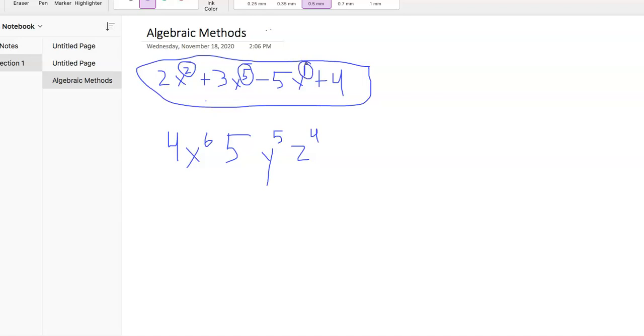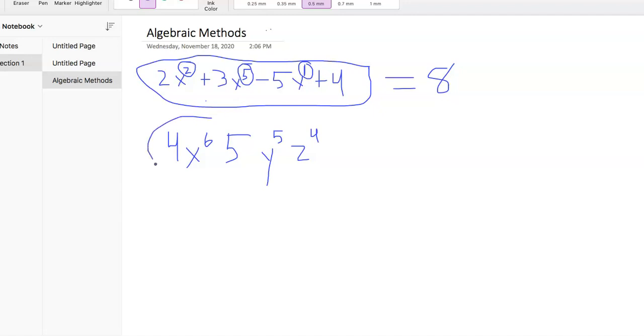And we only care about the stuff next to the variables, right? So we have 2 plus 5 is 7 plus 1 is 8. Degrees of expression, 8 for that monomial. Okay, and that's all you got to know how to do. All right, pretty straightforward. Certainly not challenging from like a math standpoint, just knowing what to do with it.